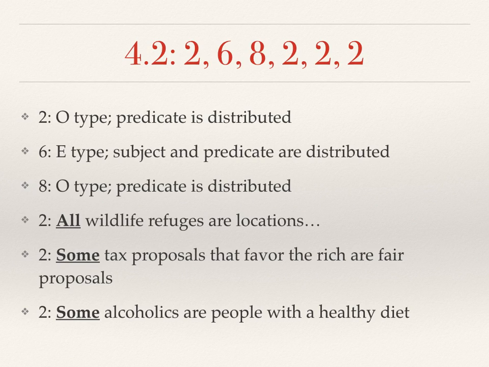So number 2, it's an O-type proposition. The predicate is distributed, and it is an affirmative universal. Number 6, it's an E-type.